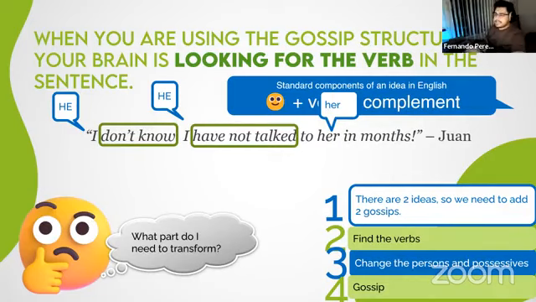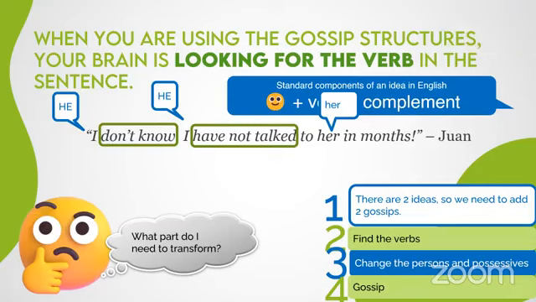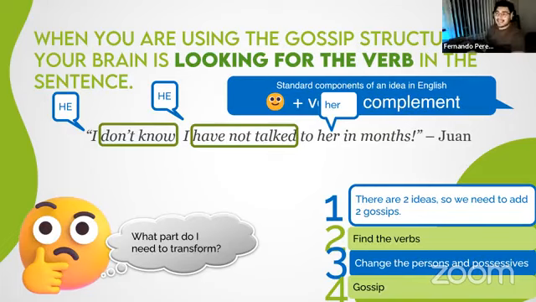Close. What is the principal rule of gossip? That the verb is in past. Exactly. We can never gossip in present. Don't know is present. Okay.